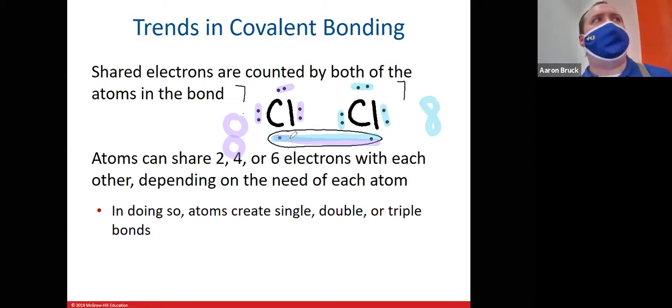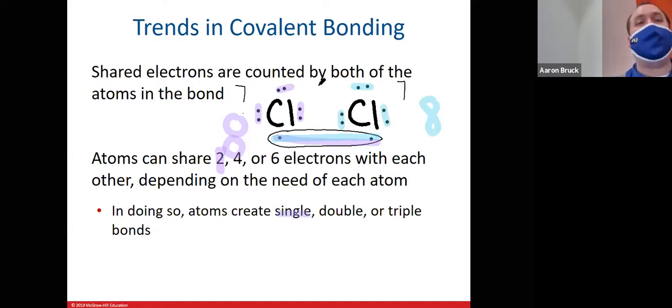We have names for those kinds of interactions. A 2-electron interaction is referred to as a single bond. A 4-electron interaction is referred to as a double bond. A 6-electron interaction is referred to as a triple bond.